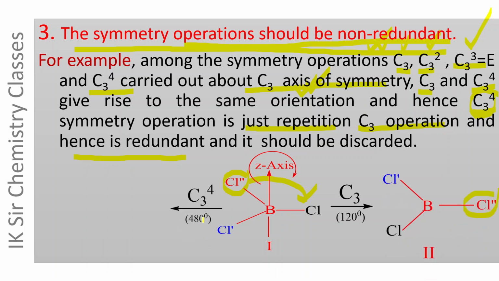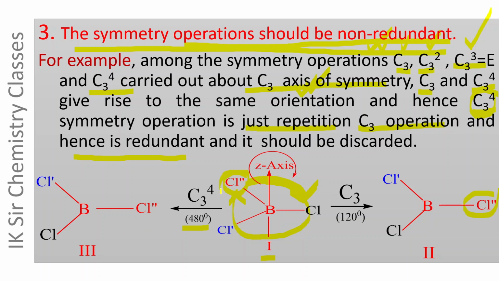And C3⁴ operation means rotation of the BCl3 molecule about the z-axis by 360 degrees by 3 into 4, that is 480 degrees. If this BCl3 molecule is rotated about the z-axis by 480 degrees, this is 360 degrees, and again by 120 degrees, overall 480 degrees. The orientation number 3 obtained is given here.